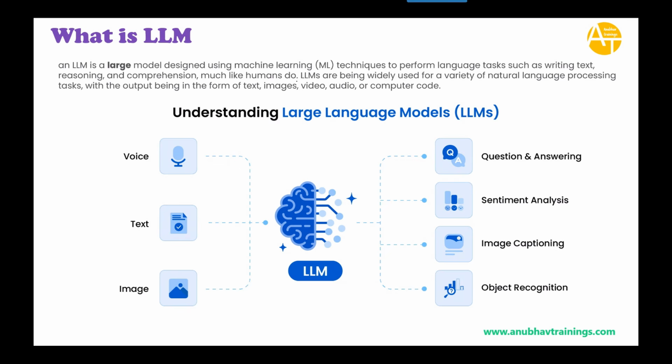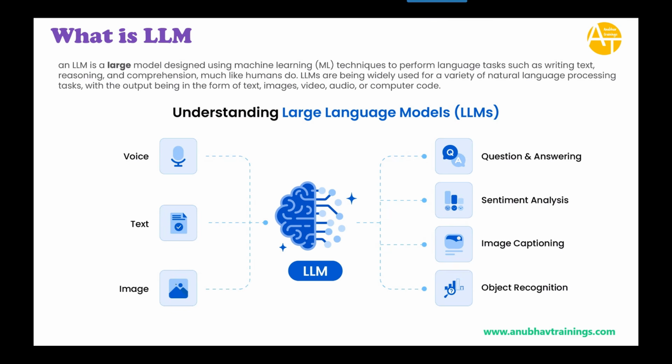LLM is designed by training with billions of parameters used to train a neural network, using transformer architecture. LLMs are being widely used for a variety of natural language processing tasks, with output being in the form of text, images, videos, audios, and computer code. So basically LLM can generate new content.